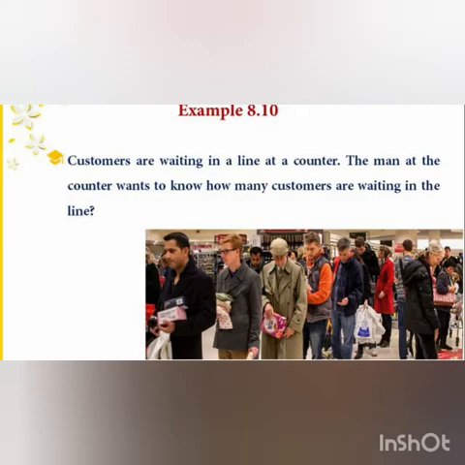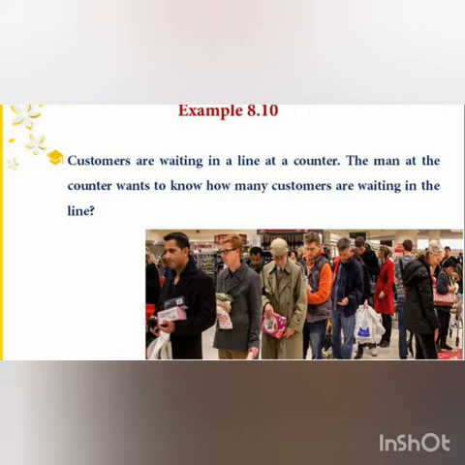It's human nature that we probably think about how long we should wait, so we ask another person in the same queue how many persons are standing in the line. In the same way, the person at the counter wants to know how many customers are waiting in the line. Instead of counting the members in the queue himself, he asks the first customer standing in the queue.